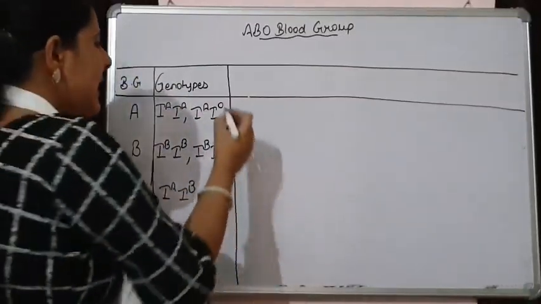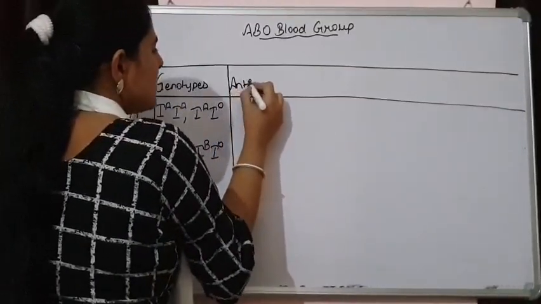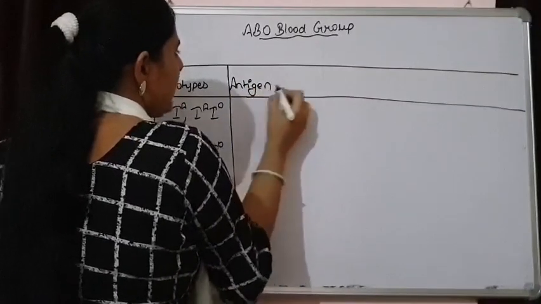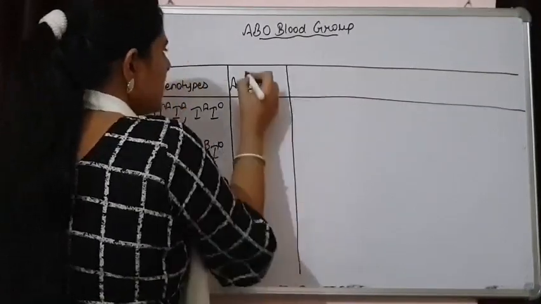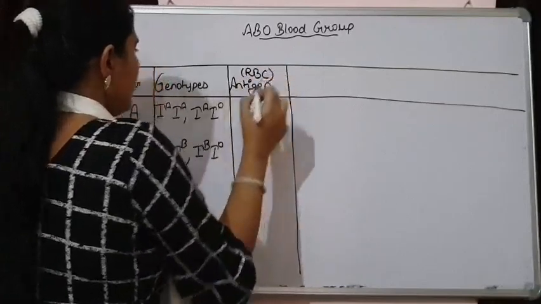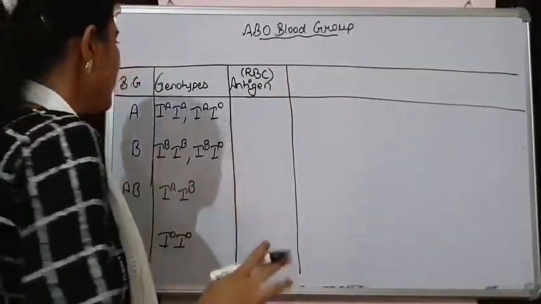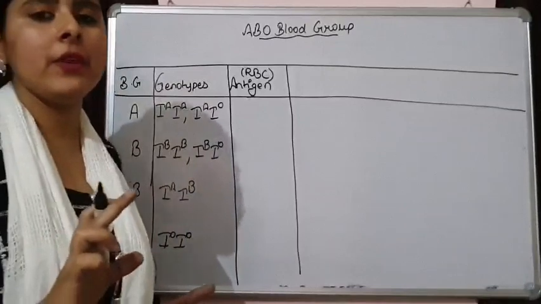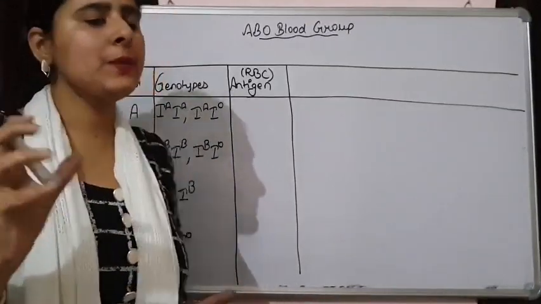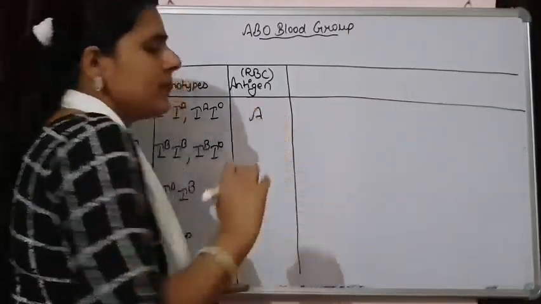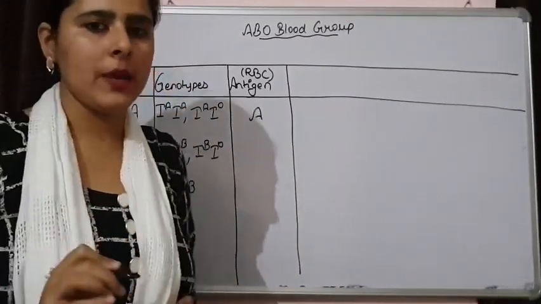Now the type of antigen that is present on the surface of RBC. It is very simple to remember. If an individual has blood group A, that means A antigen is going to be present on the surface of RBC.